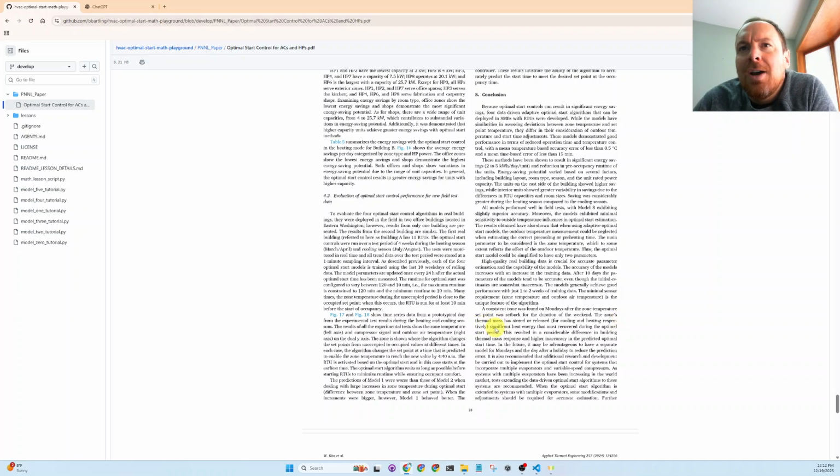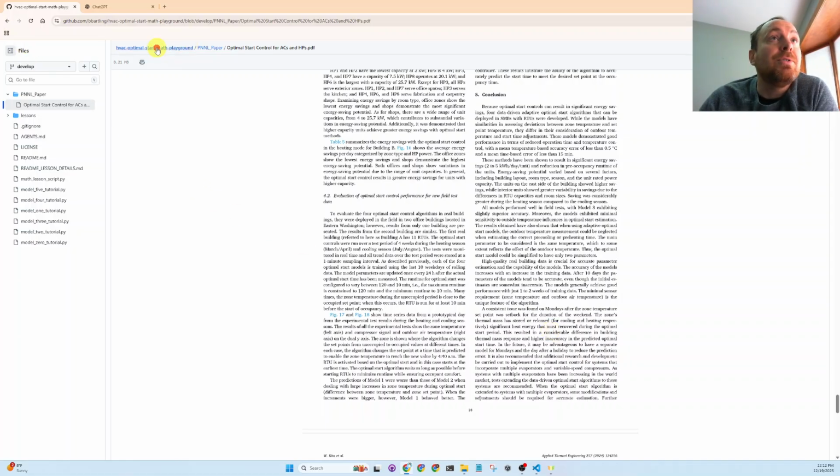So it's more time required to condition the space on a Monday, which is why building operators and maintenance intuitively run schedules a lot longer on Monday mornings, just by their best guess.